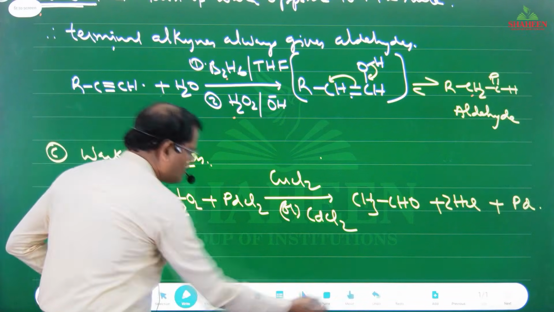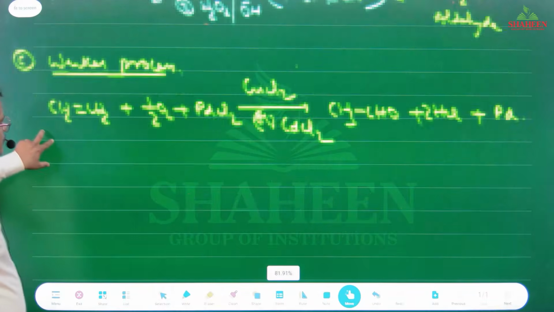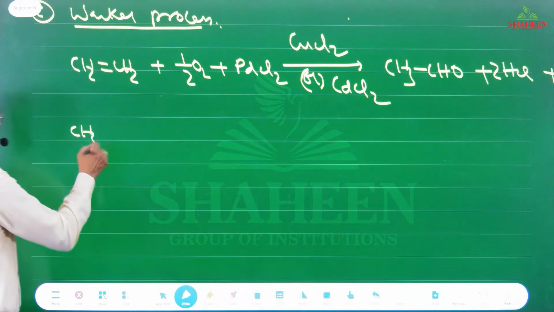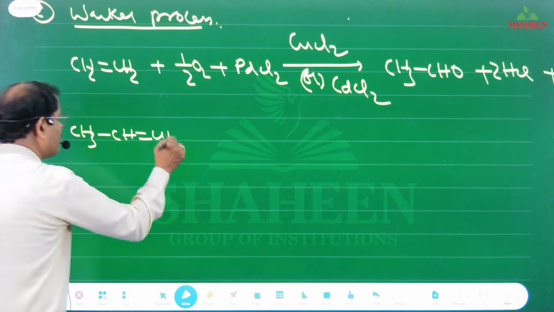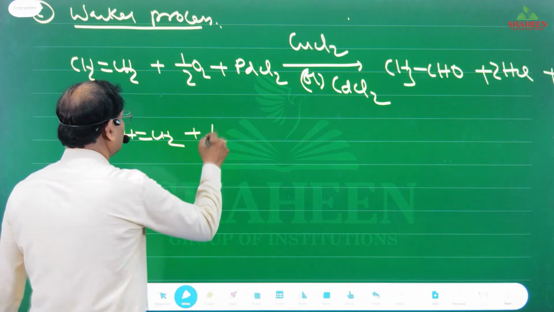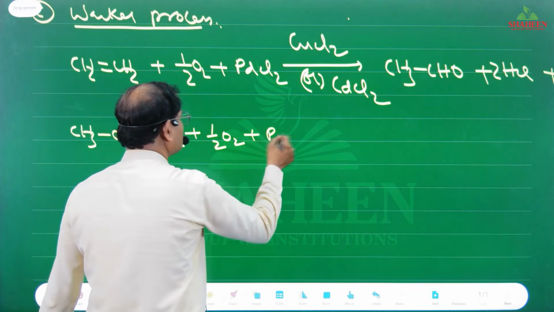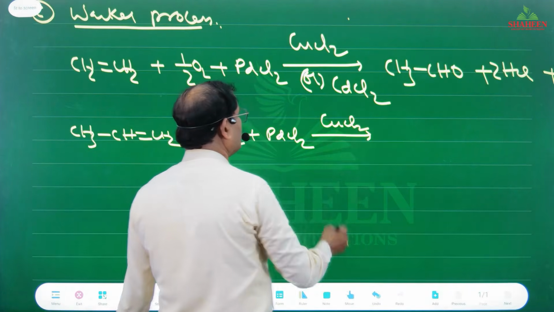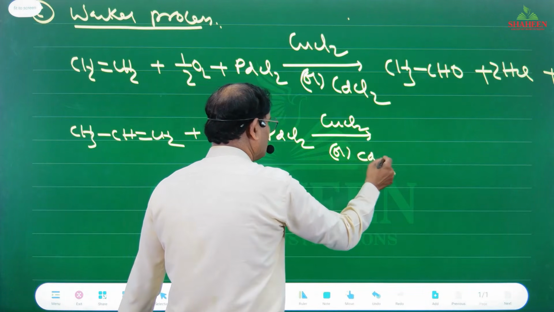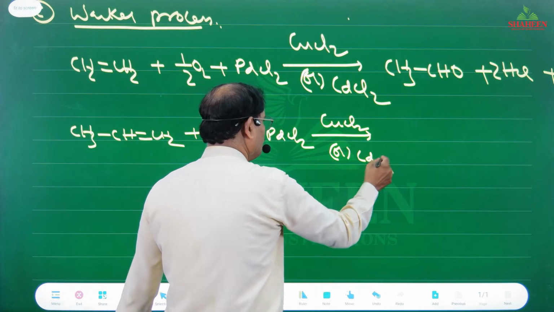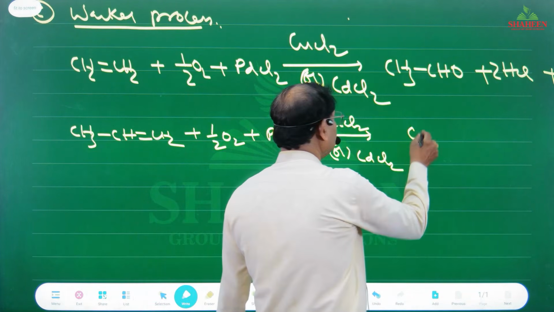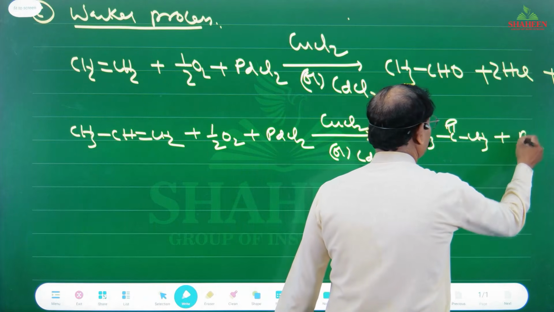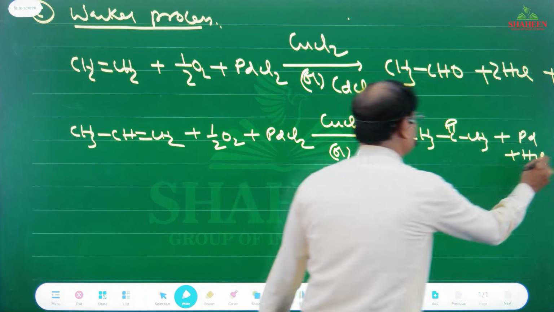And also aldehydes. Here, if we take CH3CH=CH2 with oxygen, palladium chloride and cuprous chloride, the product is CH3C(=O)CH3 plus palladium plus HCl.